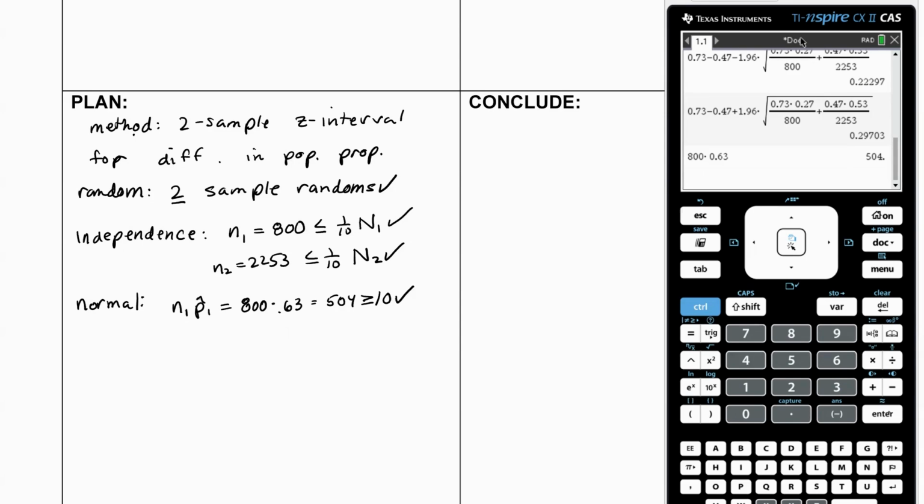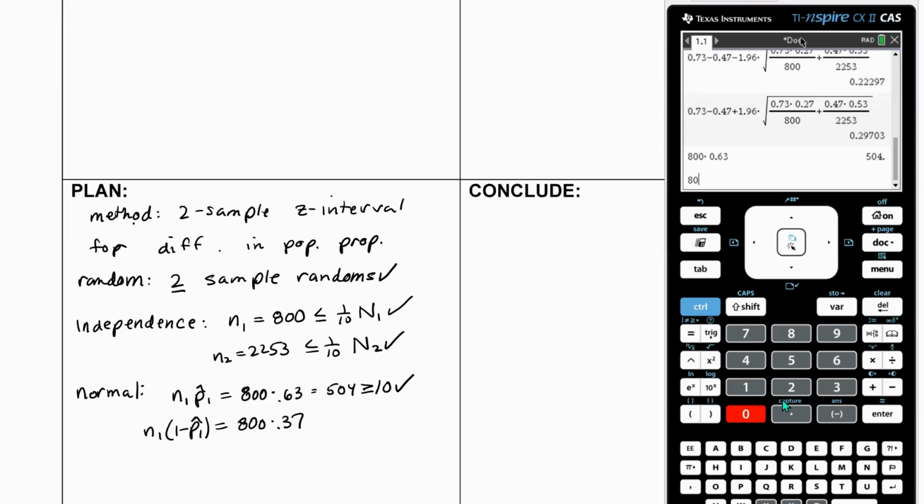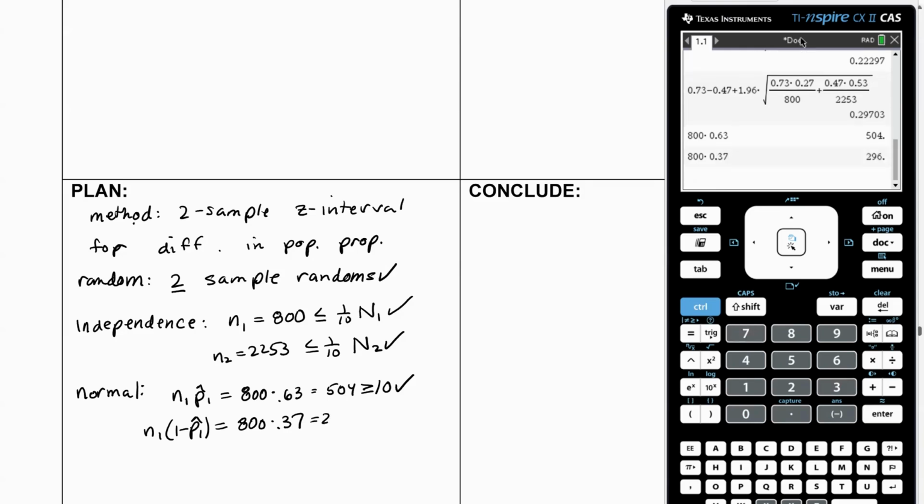We get a check mark there. N1 times 1 minus P hat 1 would be 800 times 37%, and that is 296, which is also greater than or equal to 10.